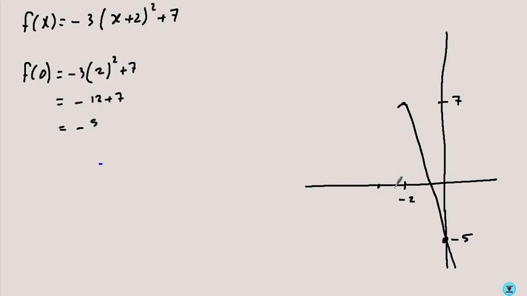This distance should be the same as this distance because the vertex is halfway between the two roots. So more or less this is slightly better. And if you want to calculate those two roots, you can simply by equating this expression to 0, and without going through the details, x equals negative 2 plus or minus the square root of 7 over 3.